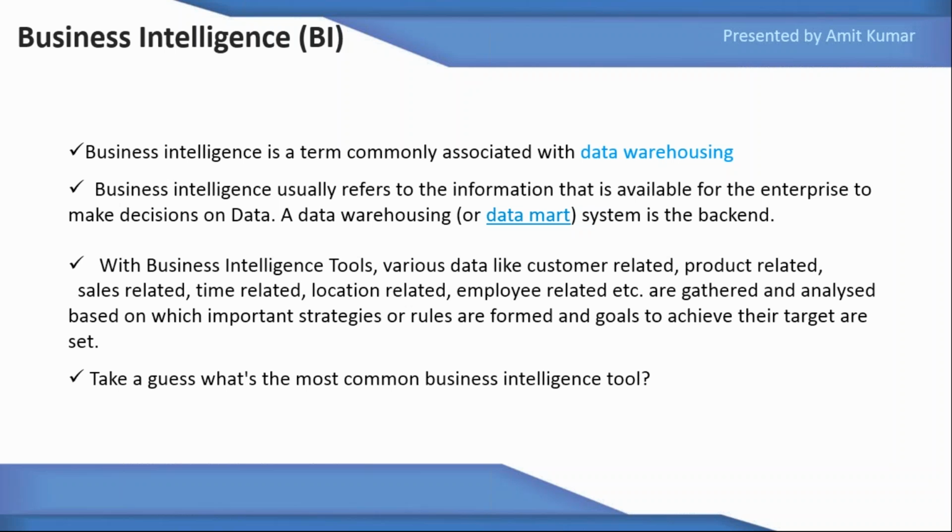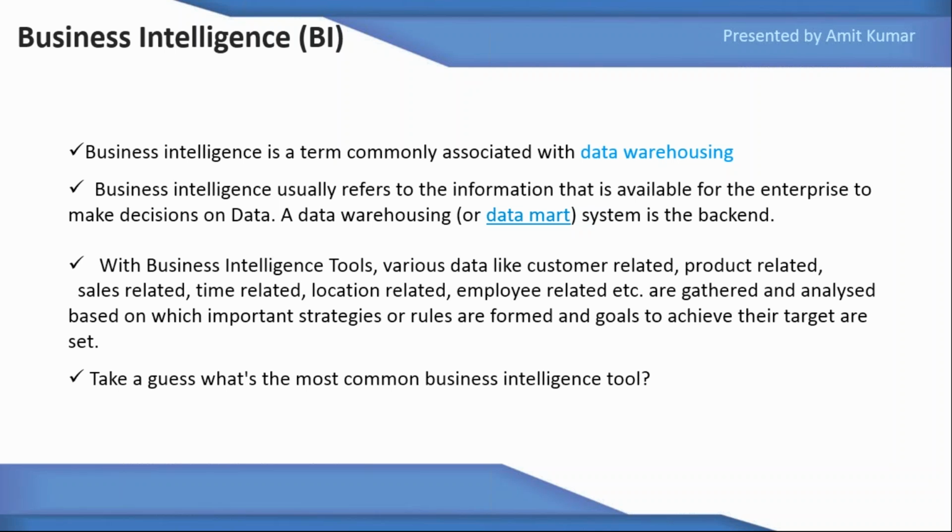Business intelligence is not only a dashboard. It can be a report normally. It can be a dashboard. It can be an SMS. It can be a mail. Any information which would give you an idea or evidence to take a decision on top of that, that's what business intelligence is.